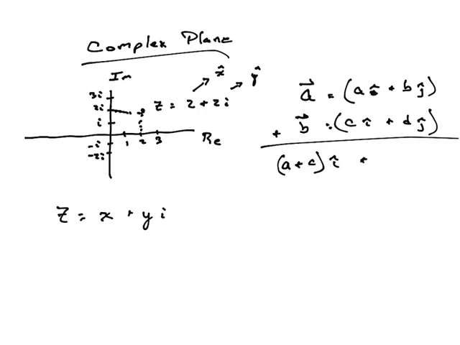And then you add the y components, B plus D, in the y direction. And this will be our new vector C.